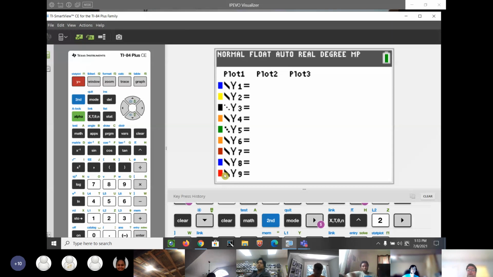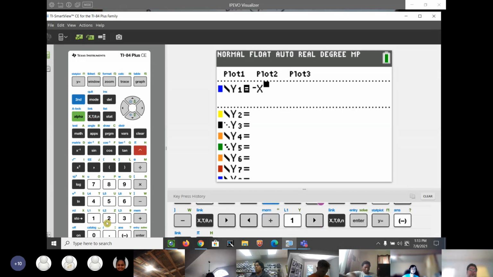Y is equal to negative x squared plus 2x. I just established which one. Hold on. X squared plus 2x.